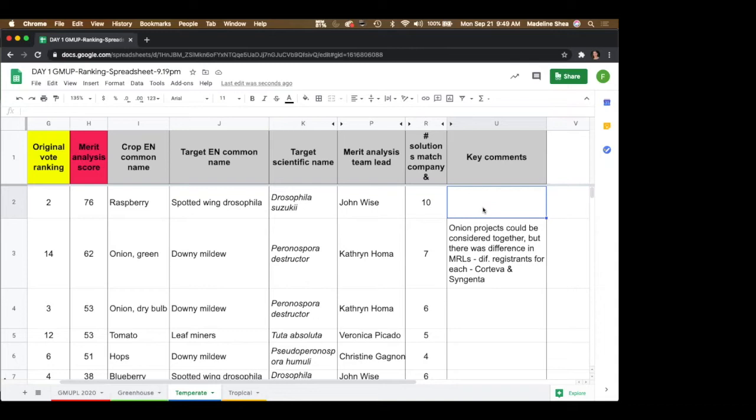Because when you look at some of the pests that are really shared across a particular crop group, I do believe at any point the solutions might be the same or cross-cutting between the particular crop group. So we need to look at the crop groupings, address that, and then revisit the ranking.